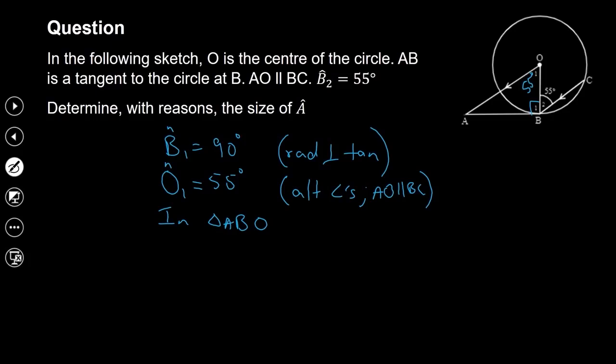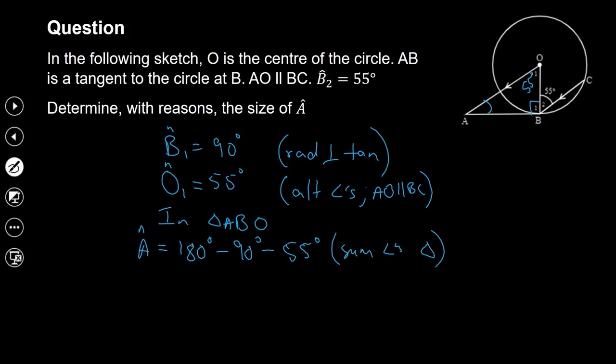We are trying to find angle A. So to find angle A, I will use the sum of angles in a triangle. So I will say that A is equal to 180 degrees minus 90 degrees minus 55 degrees. And my reason for this will be sum of angles in a triangle.